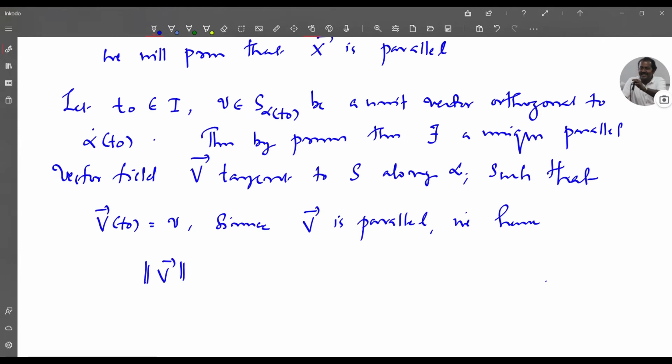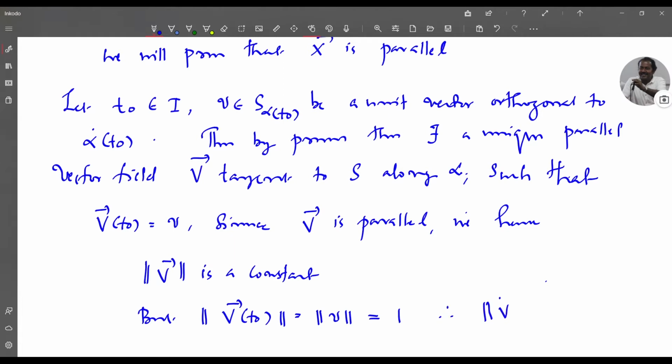But norm of V of t naught is equal to norm of little v. You know that V of t naught is v. So this is equal to 1 because it is a unit vector orthogonal to alpha dot of t naught. Therefore, from this you are getting norm of capital V is 1.